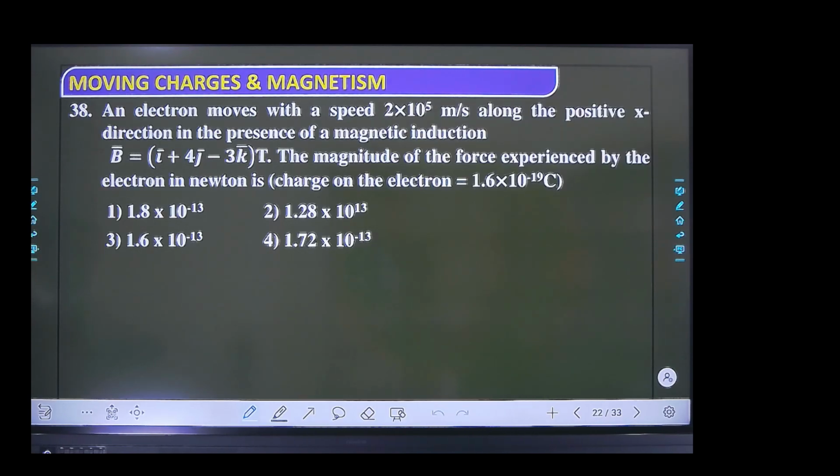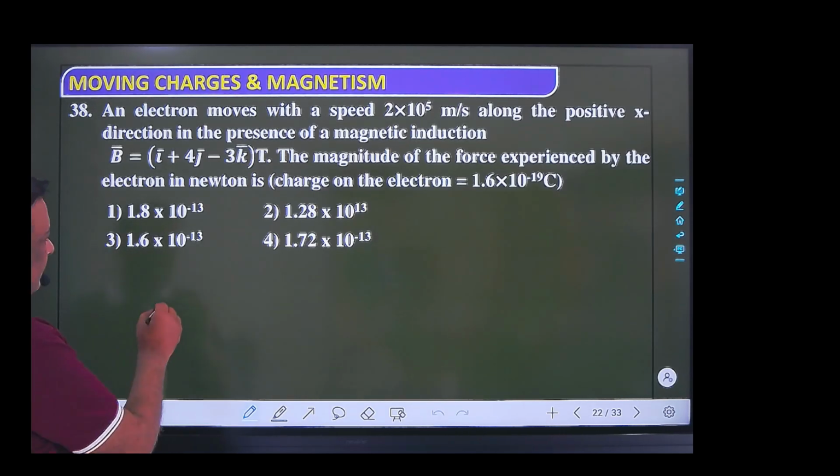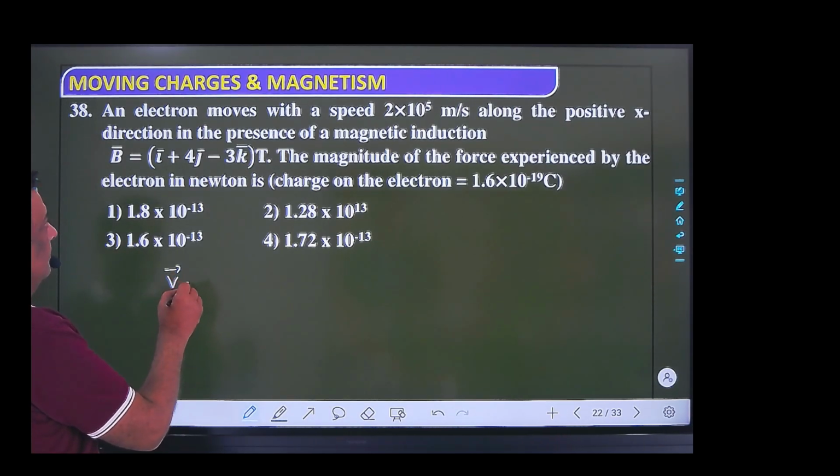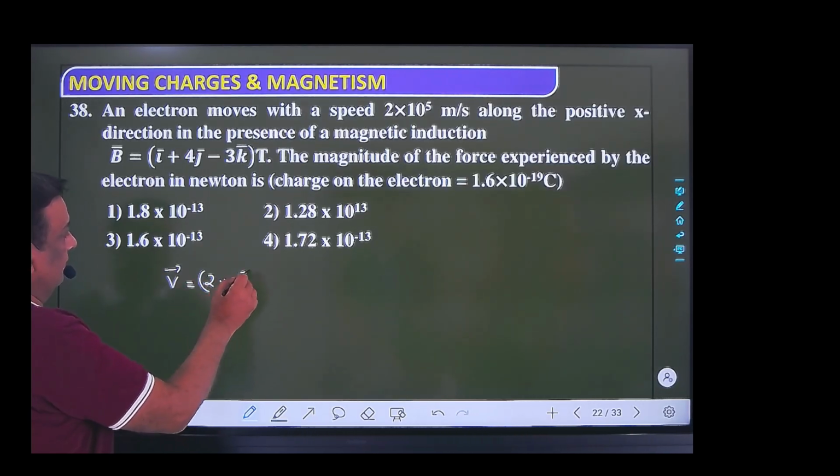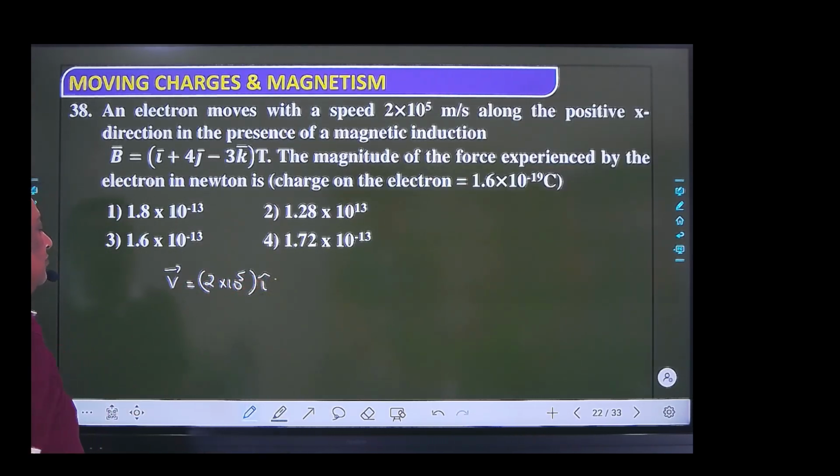Next: an electron moves with the speed of 2 into 10 raised to power 5 along positive x direction. Positive x direction means i cap.